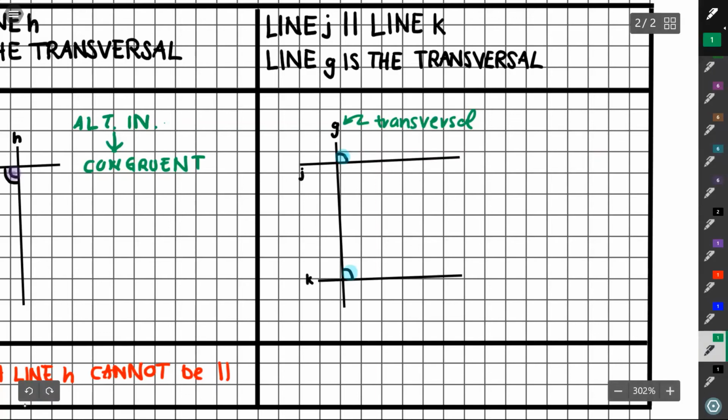I am on the same side of the transversal, with one interior and one exterior angle, so I have corresponding angles, which have to be congruent.